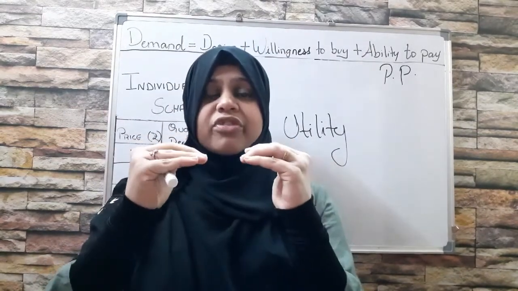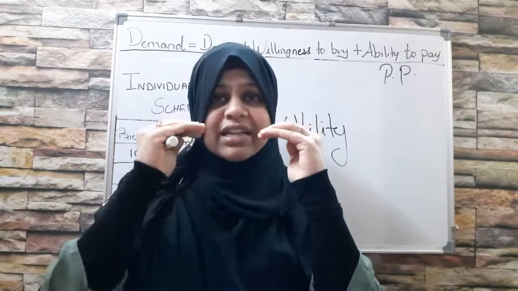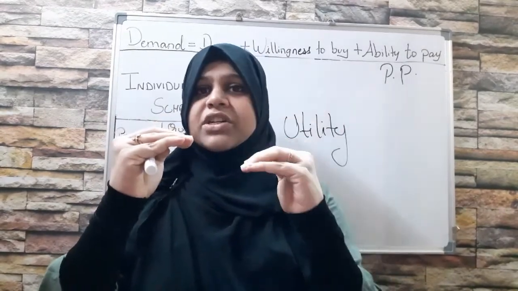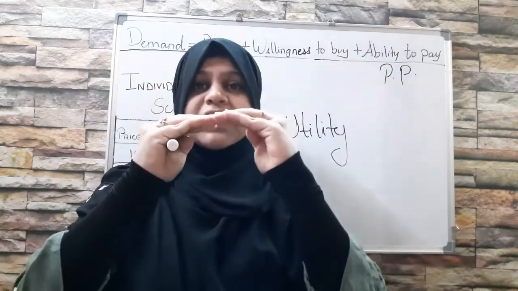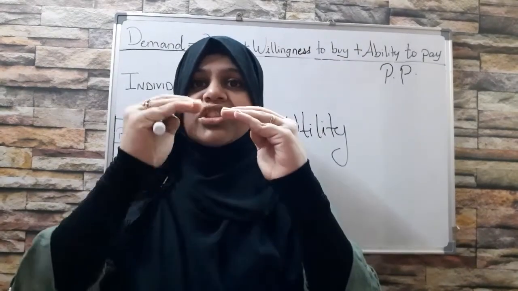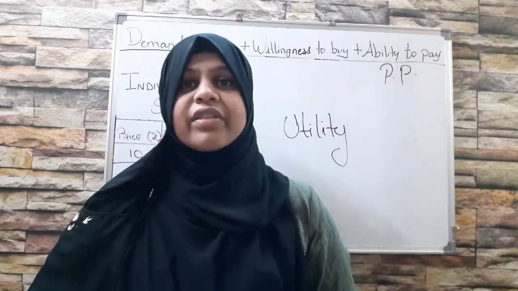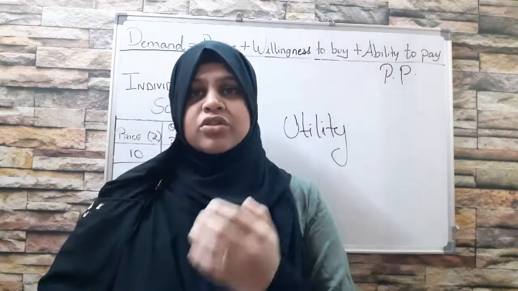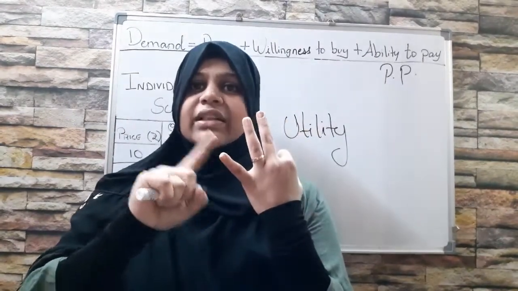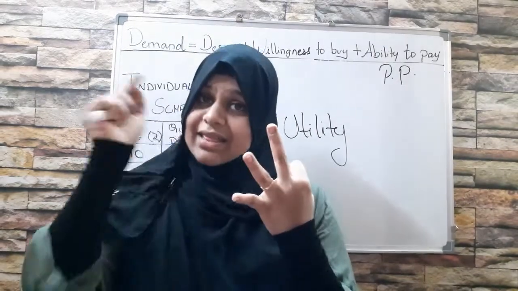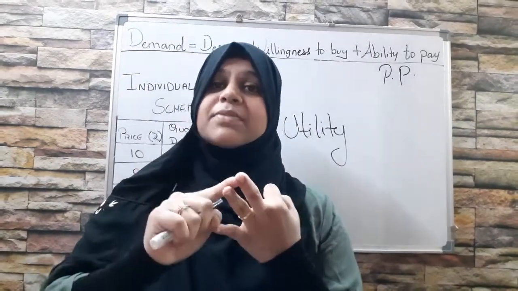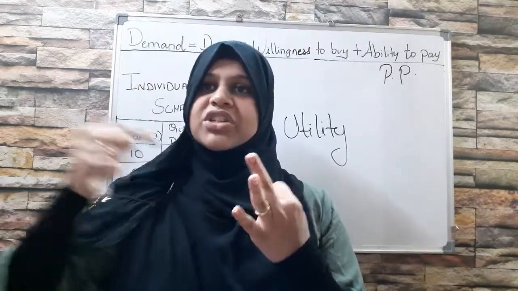What is the price of your medical gloves? At this particular time, these commodities are at this particular price, and how much they are sold at this price, that is the demand for that commodity. So you see, there are 3 things here: this particular commodity, at this particular time, and at this particular price, how much it is sold.